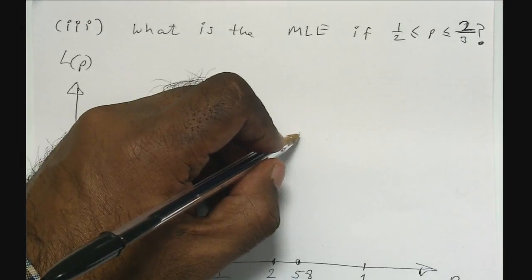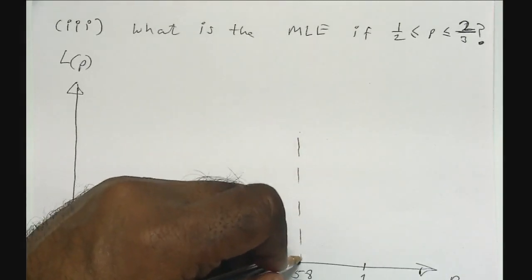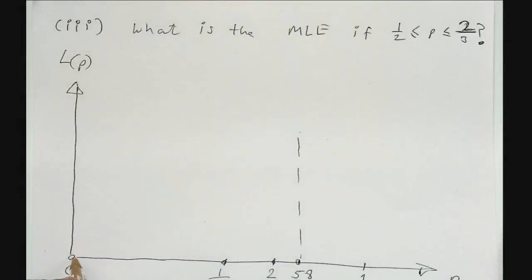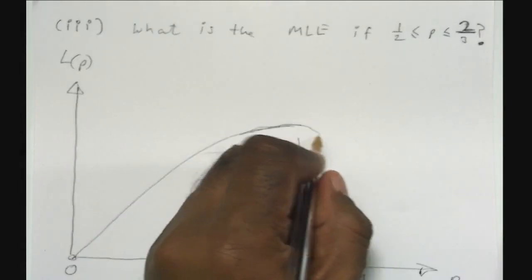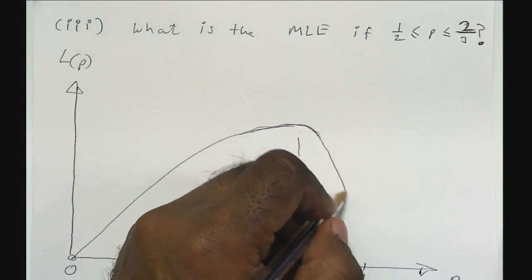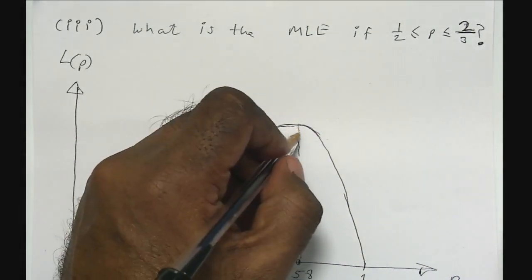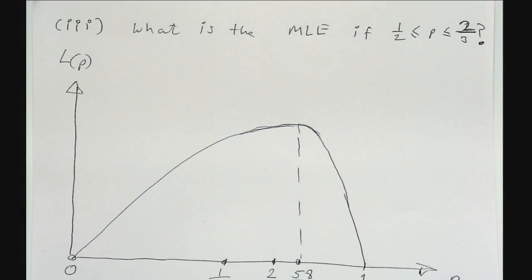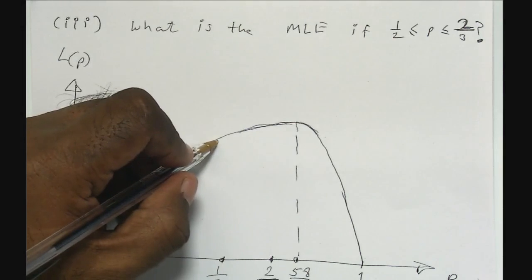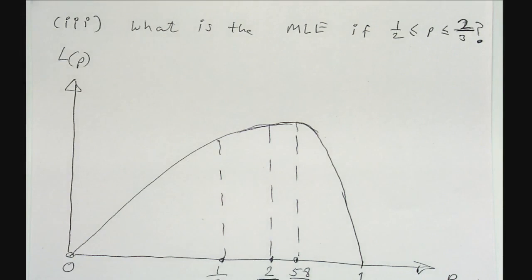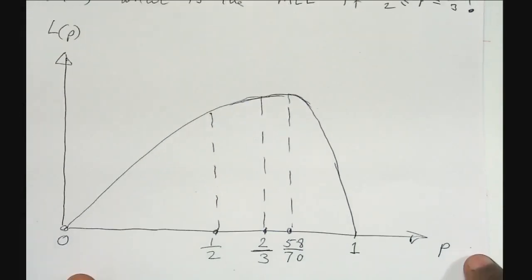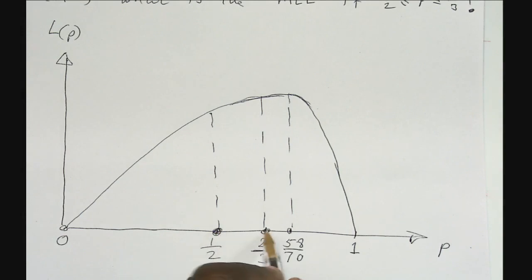If you draw a graph of this, it will look something like this. The question is to find the MLE for P if P is between half, that is this point, and 2/3, that is over this range.